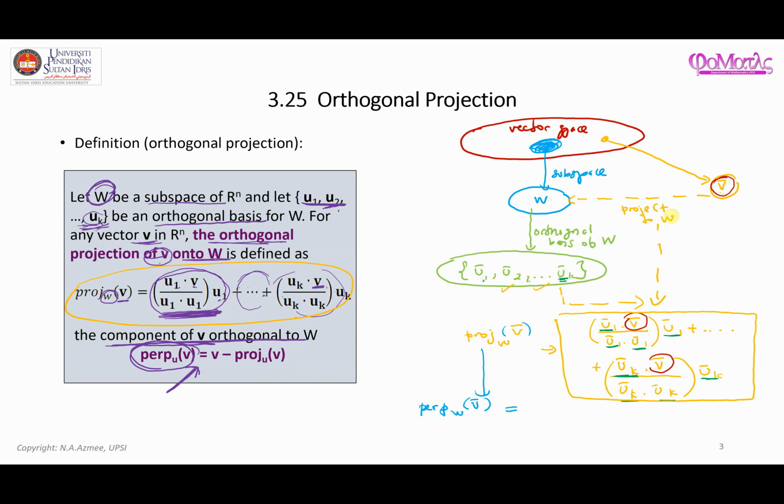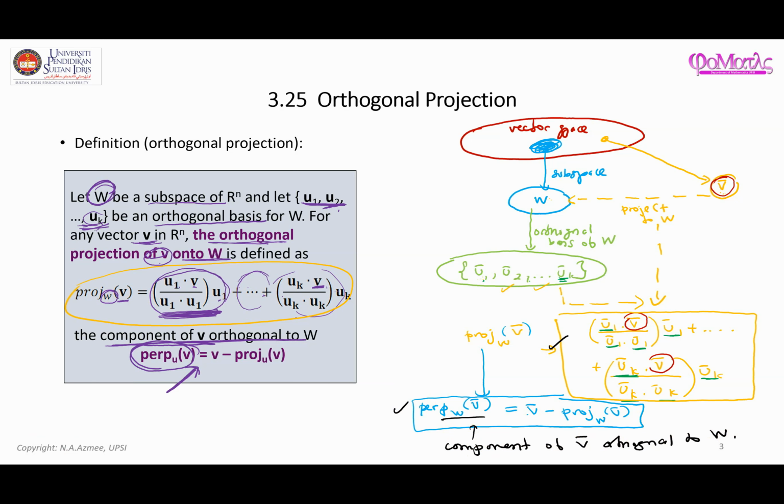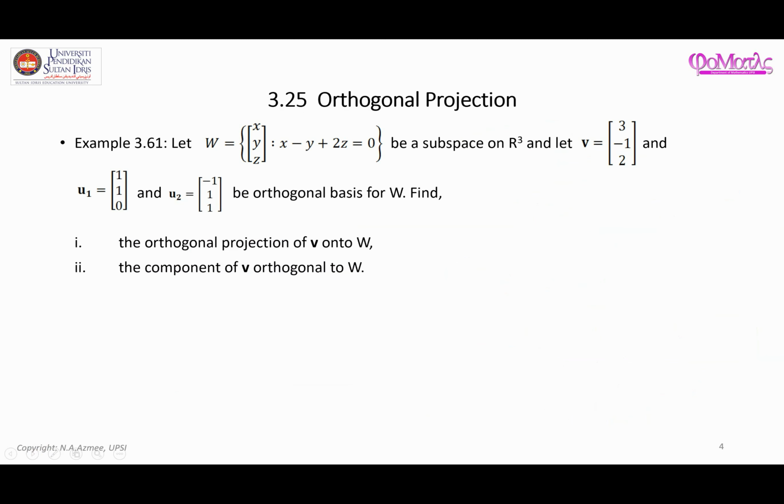You just take vector v minus the projection of vector v onto the subspace W. So these are the two results that you might want to pay a bit of attention to. There is a special name for this one: it is the component of vector v that is orthogonal to W. Right, now without further ado, let us try and do some examples.